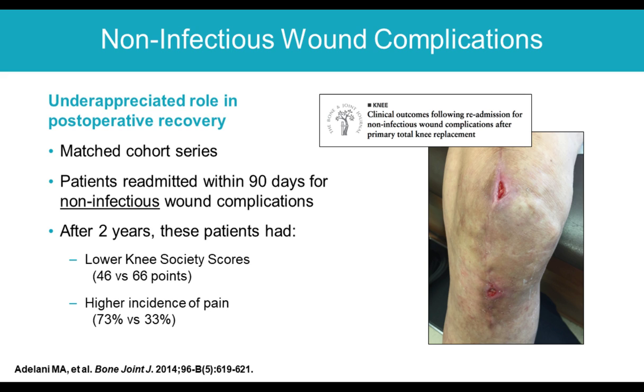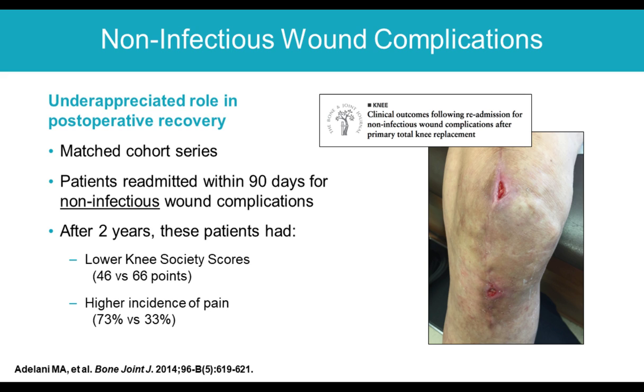But this study from Washington University in St. Louis challenges that thought. This is a matched cohort series looking at patients who were readmitted within the first 90 days of elective primary total knee arthroplasty.